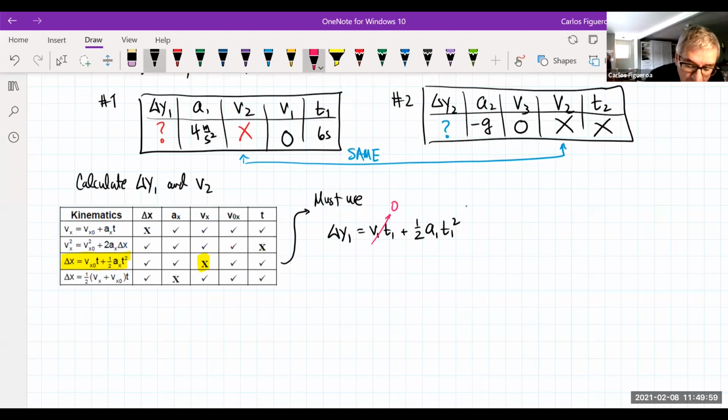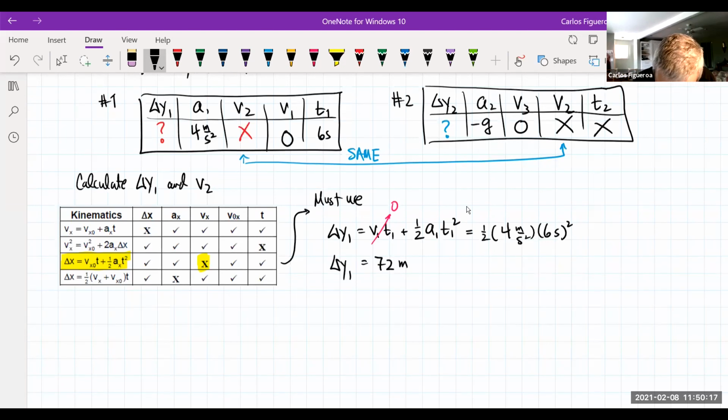So now I could just punch in my numbers to get this value. And so, of course, this is going to be 1/2 times 4 meters per second squared times 6 seconds squared. And if my numbers are right, I should have 72 meters for delta y1. So right now, I have the first height.